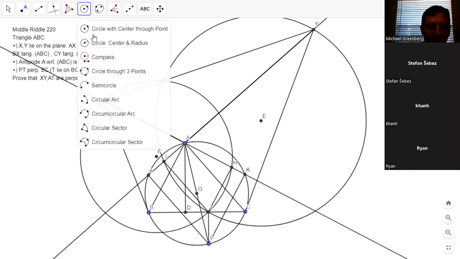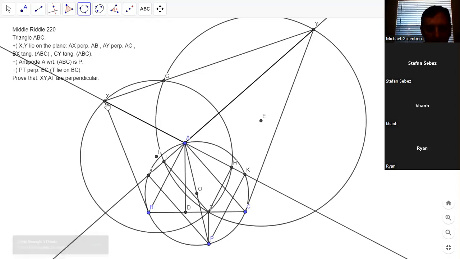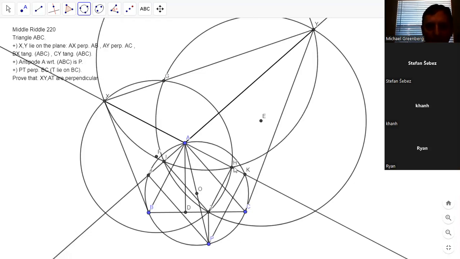Oh, so I think I wanted to show that XIHY is cyclic. Yeah, because then it would be equivalent. And we want to show that XYIH is cyclic.